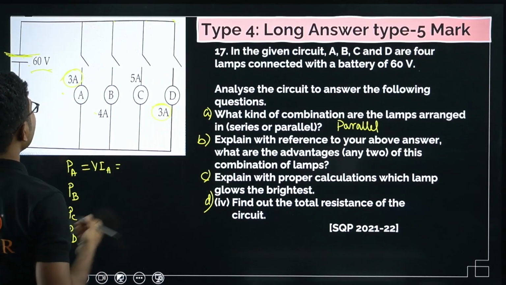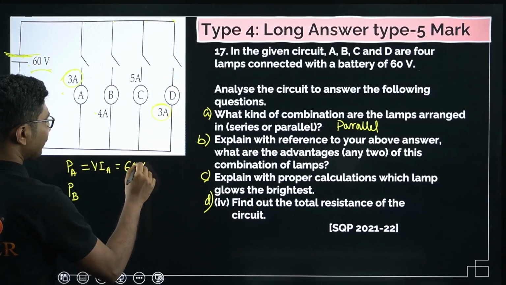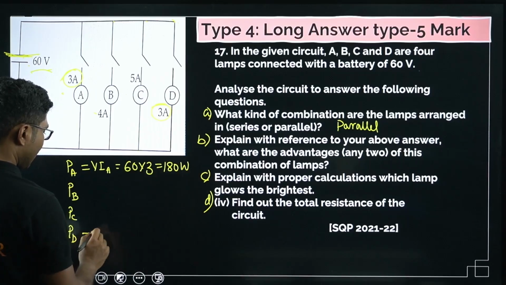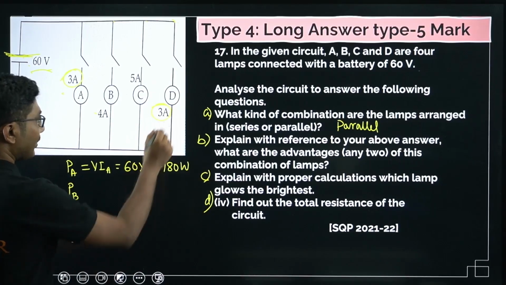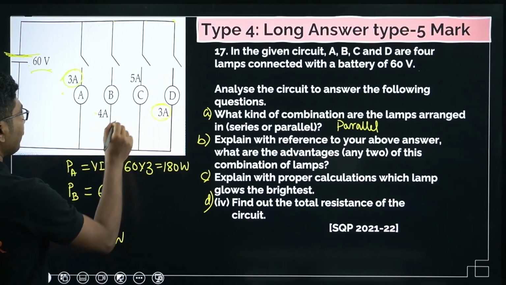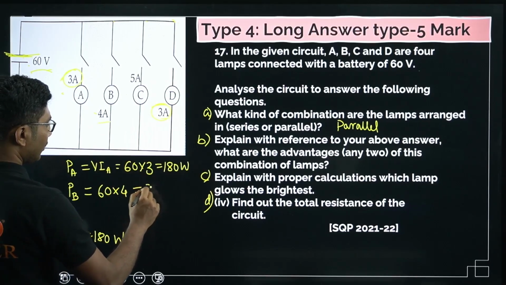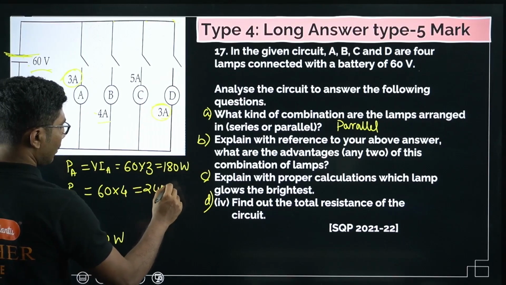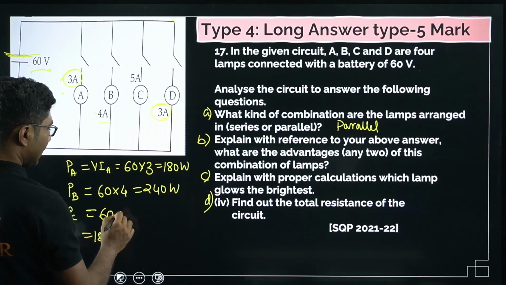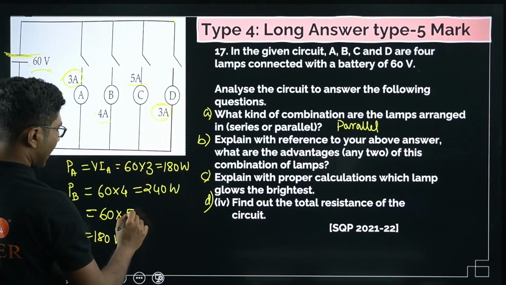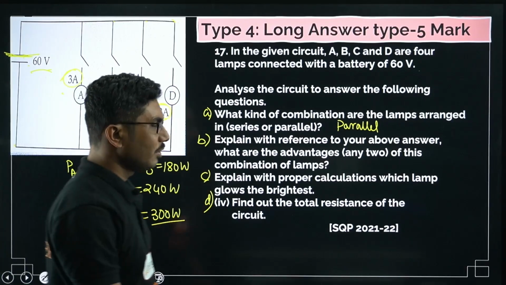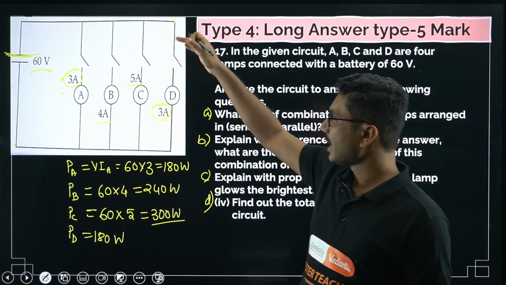If you calculate PA, you can calculate PD as well. 60 times 3 is 180 watt. So PD will also be 180 watt because the current is the same. Now what is PB? PB is 60 times 4, that is 240 watt. What is PC? PC is 60 times 5, that is 300 watt. So as you can see, C will have the highest power.